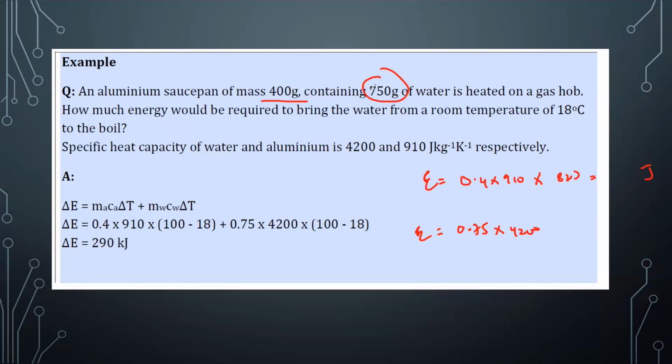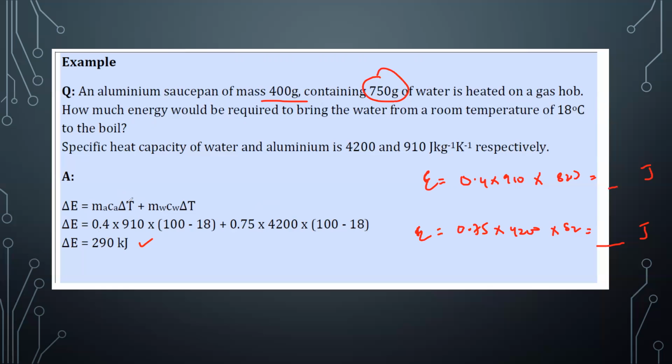Why 0.75? Because the mass is given in gram. And the temperature change, again 100 minus 18, or 373 minus 291, is again 82. So we get the energy absorbed by the aluminium and by water, and the total energy will be the sum of the two, which comes out to about 290 kilojoule.